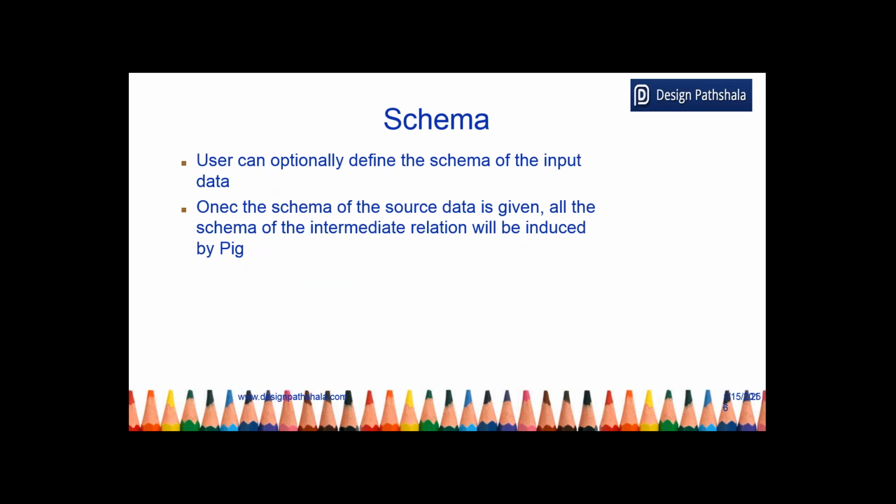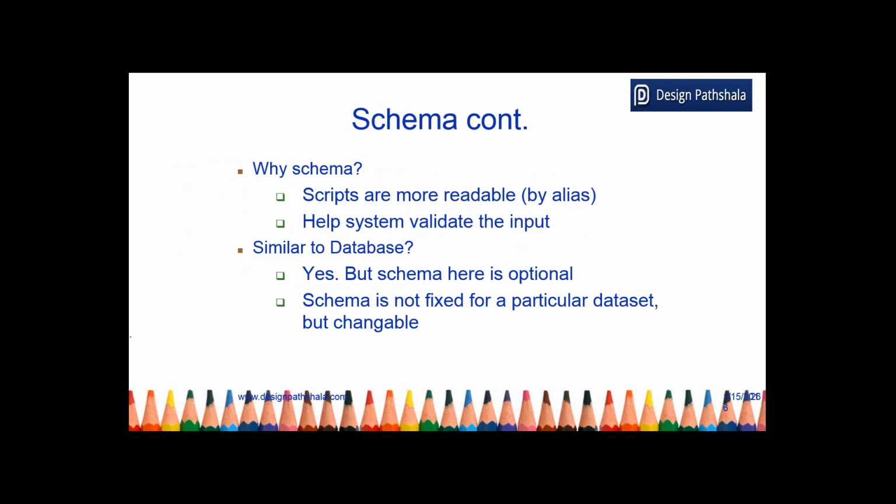As I told you, schema is optional, and that makes Pig extremely powerful. It's suggested to give a schema to the data you are loading, otherwise it creates confusion while writing your code.